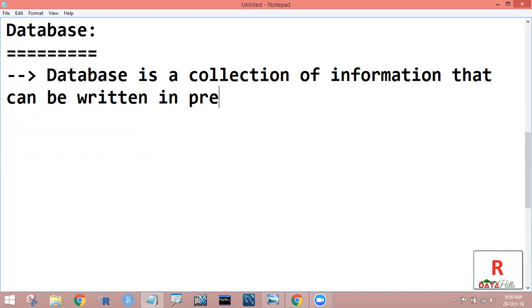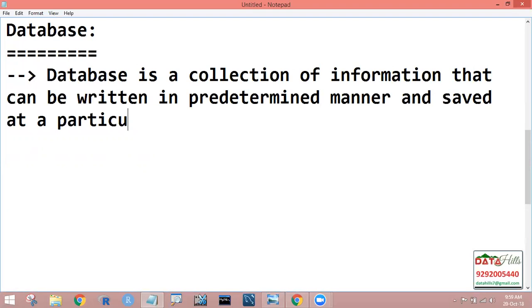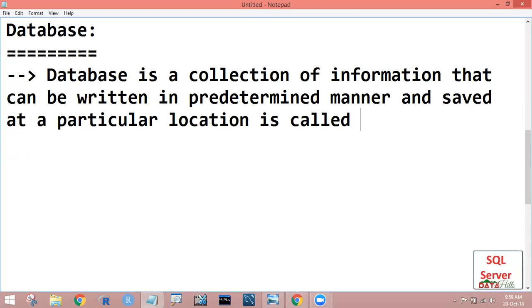Now we know what data is, what information is, and what a database is.